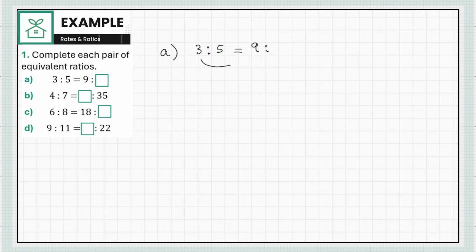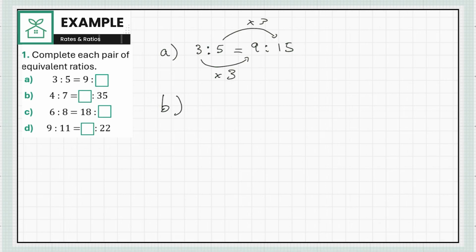Now to get from 3 to 9, we've multiplied it by 3. In order for this ratio to be the same but scaled up, we need to do the same to the 5. So let's multiply the 5 by 3 as well and get 15. Alright, so now that we've done that, we can see although the numbers have changed, the ratio actually hasn't.